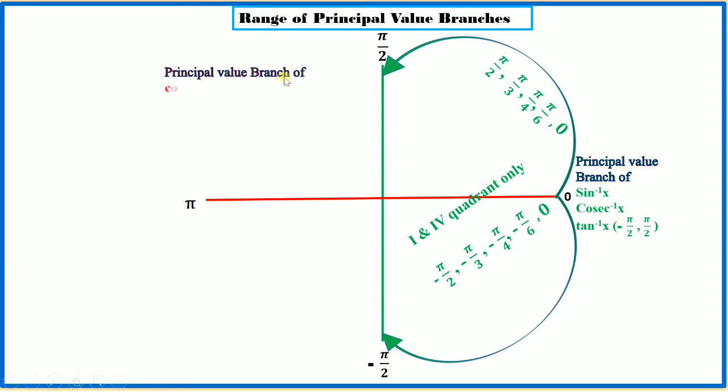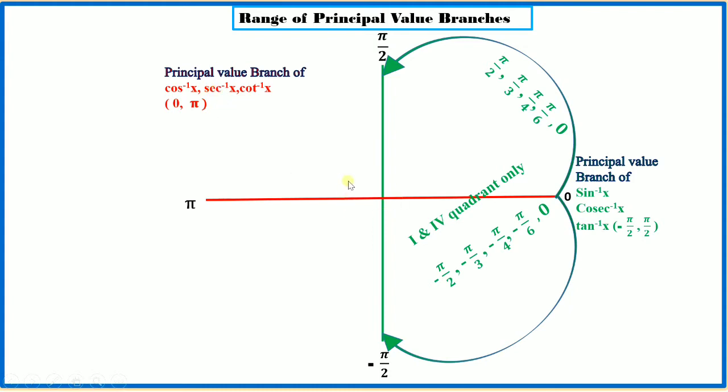The principal value branch of what is remaining: cos inverse x, sec inverse x and cot inverse x is like this. This branch was from minus pi by 2 to plus pi by 2, but this branch is from 0 to pi. As you can see, for cos inverse x, sec inverse x, cot inverse x, 0 to pi, their color is red. So this red line belongs to these three inverse trigonometric functions.